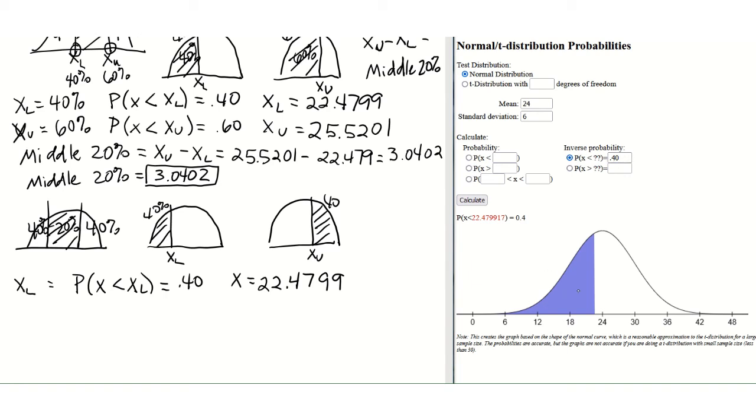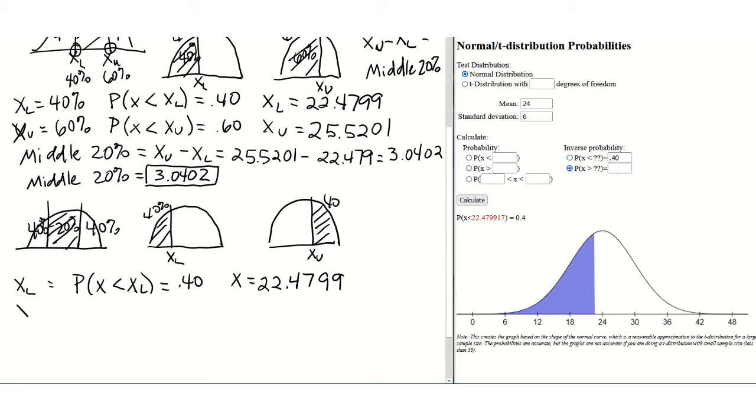Now when I'm doing the upper boundary, remember that if I'm using this first inverse probability, it's always going to give me a left-tailed test because it's going from 0 up to whatever my x value is. So now if I want to do the reverse and do an upper limit, get a right-tailed test, then I'm going to use this other probability.